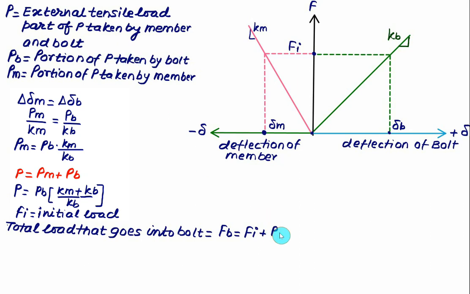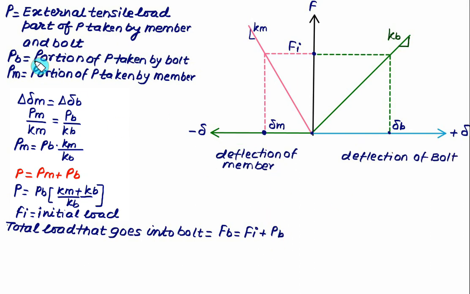Because of the external force P, the bolt as well as the member both will deform by equal amounts, delta B and delta M. That value additionally you have to show on the right hand side. So this value is the same as delta B.